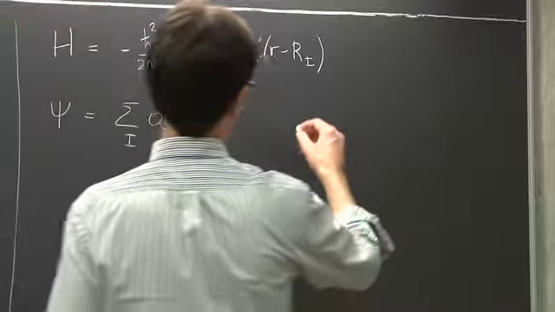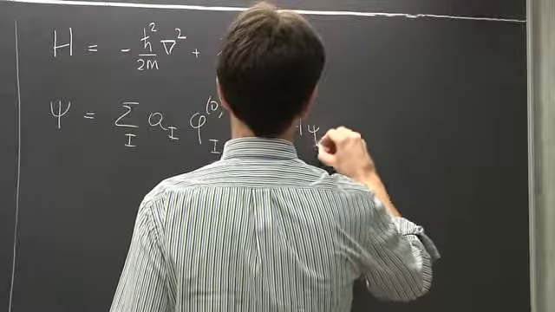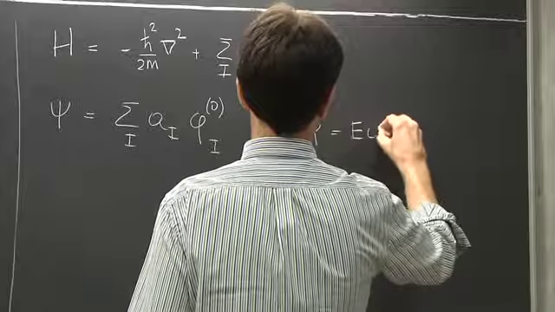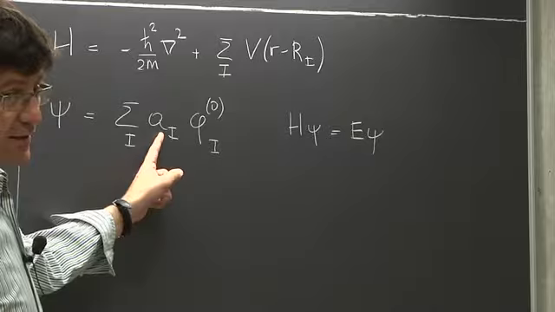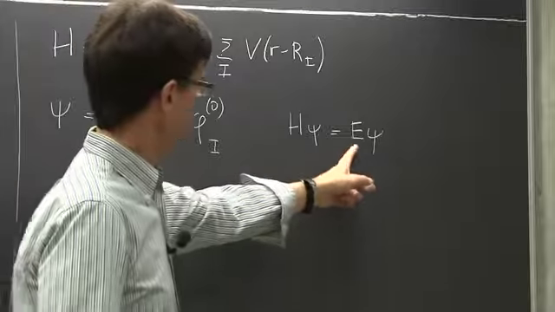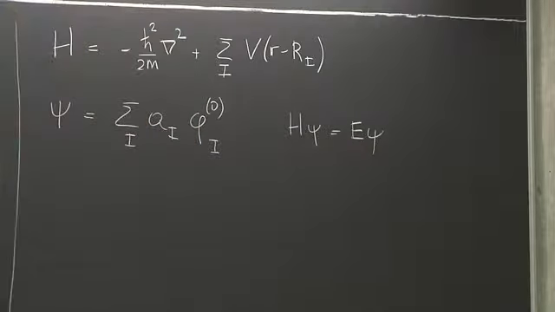So the problem we want to solve is, of course, so the unknowns are the infinite set of AIs and the corresponding energy.